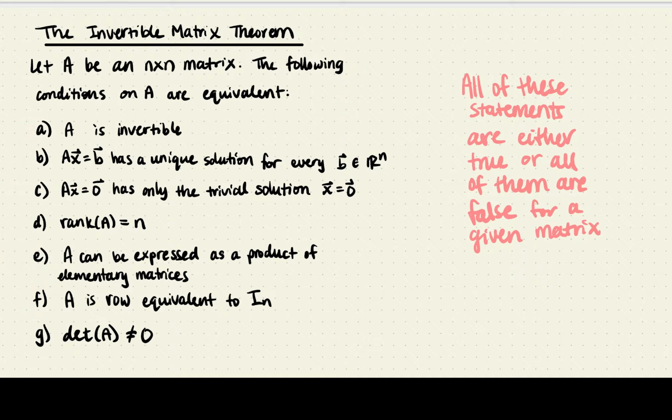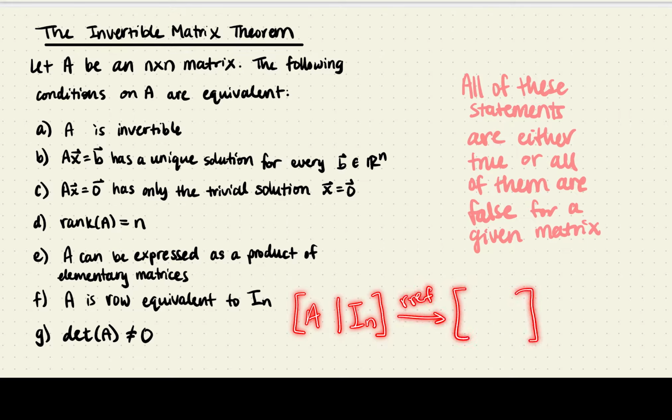So remember when we computed inverses, when we tried to compute an inverse of a matrix A, we would augment the identity in to the right-hand side here. And then we would do reduced row echelon form. And if A was invertible, we would get the identity on the left and A inverse on the right.